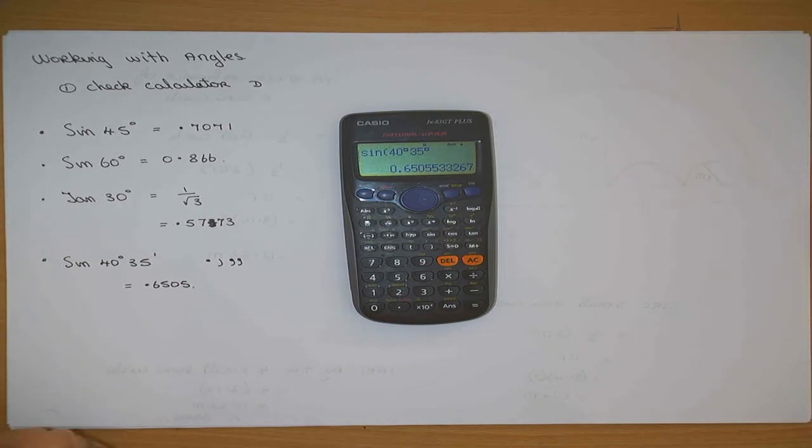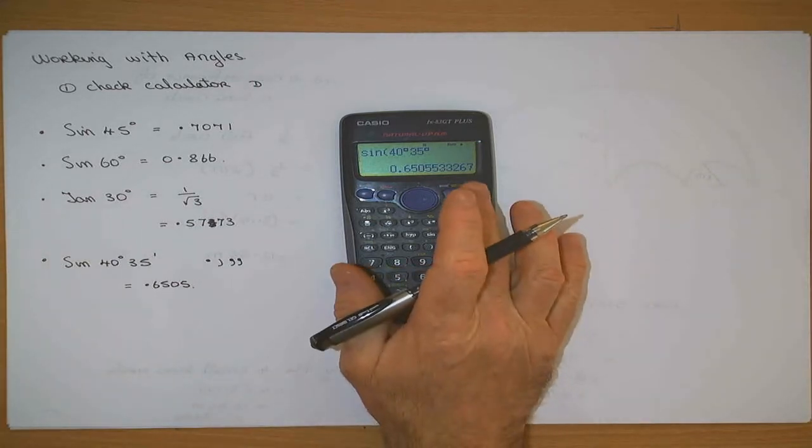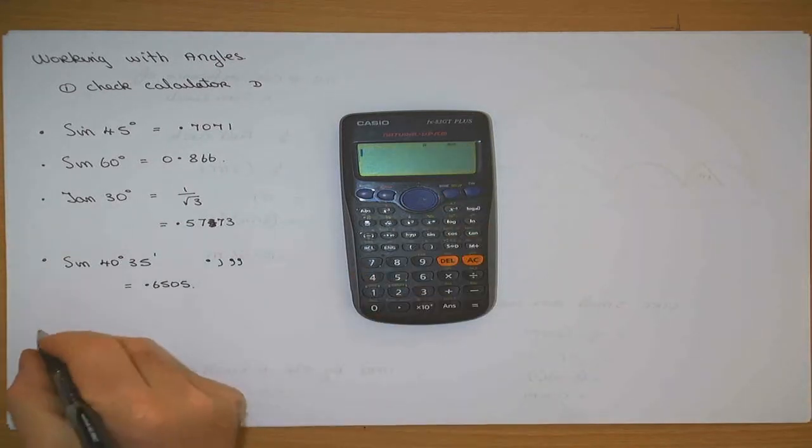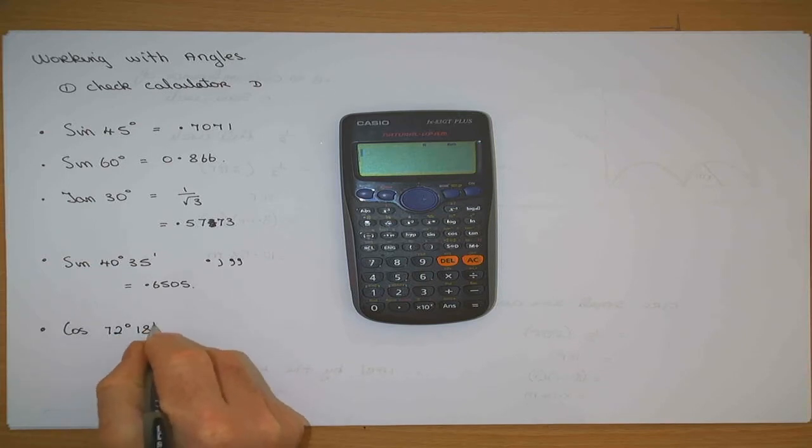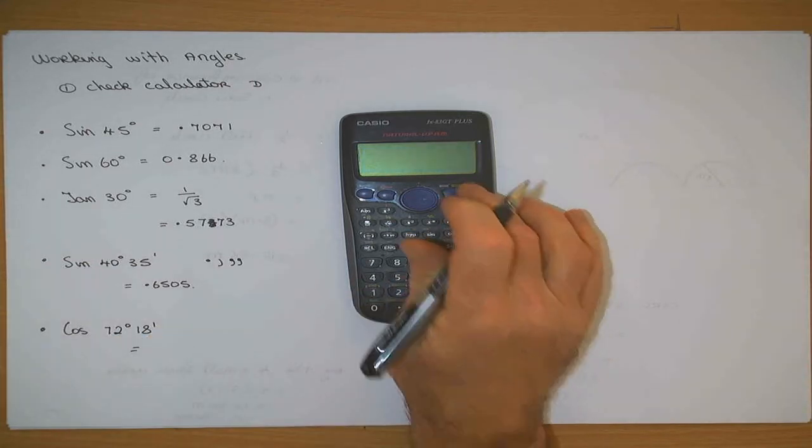Do you understand that? All right? So what about the cosine of 72 degrees, 18 minutes? See if you can get the right answer to that.